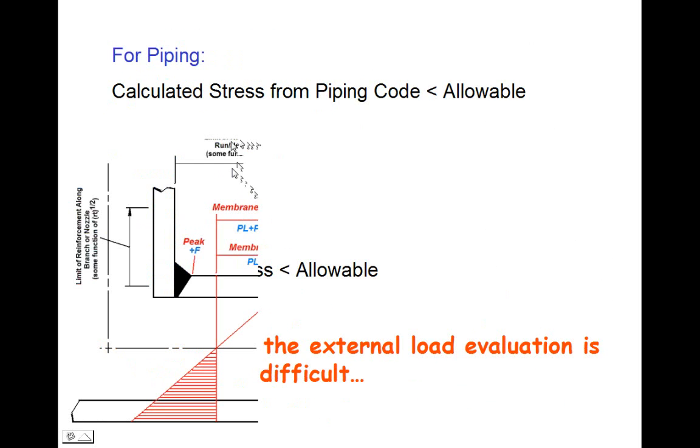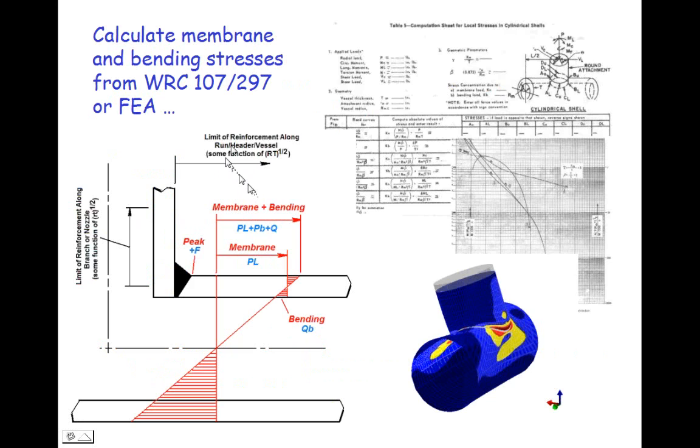For vessels, this oftentimes means going out and running a WRC107 or 297 program, or a finite element program, making sure that we're computing membrane and bending stresses correctly, or peak stresses correctly, and then comparing those to the proper allowables.